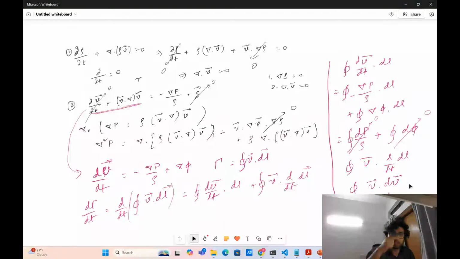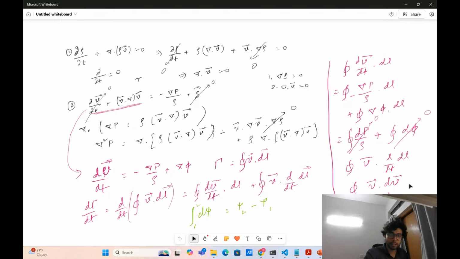Right? So closed loop integral of any scalar function is always 0. I didn't prove it, but if I have to say it in a single line, maybe I would say it like this: when you have integration over some function d phi from 1 to 2, it will be basically phi 2 minus phi 1 line integral, right?